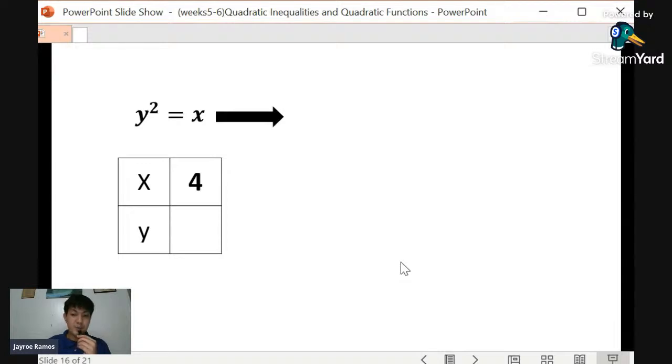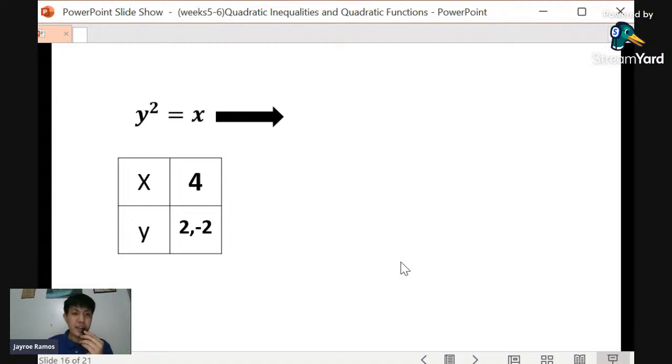Okay, negative 2. Hindi pwedeng 3. Hindi po 3 ha. Ang sagot po dito ay 2 and negative 2. Tama? Kasi nga negative 2 squared ay 4. Tama? 2 squared ay 4 pa rin.